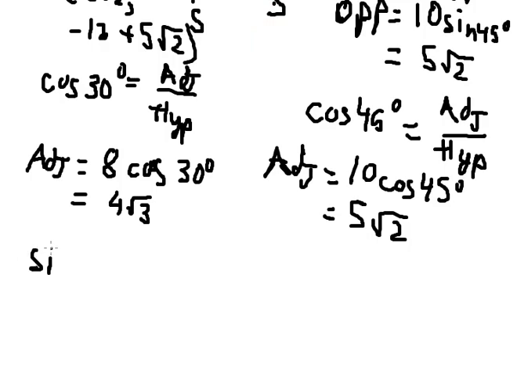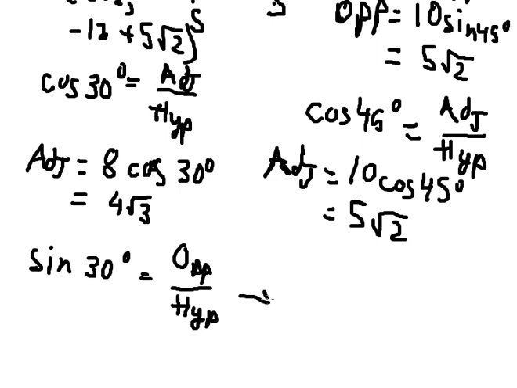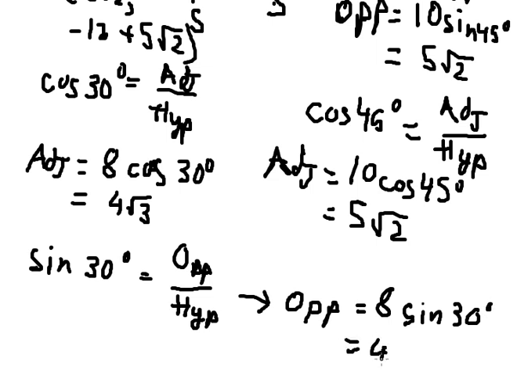And now we have sine 30 degrees. So we have opposite divided by hypotenuse. So we can find the opposite in here, and this one we have 4.